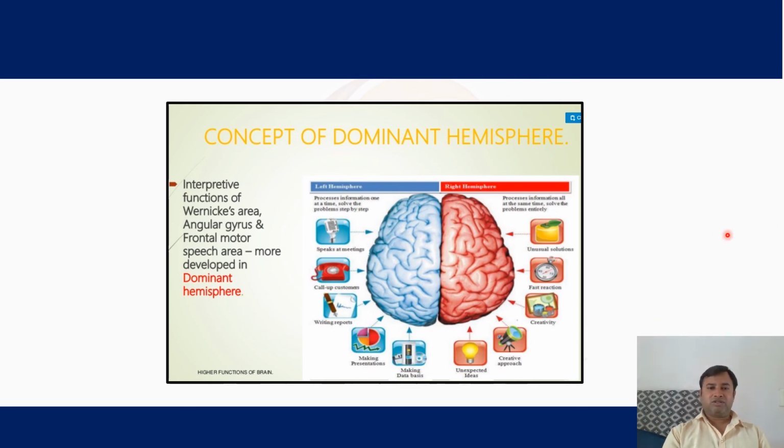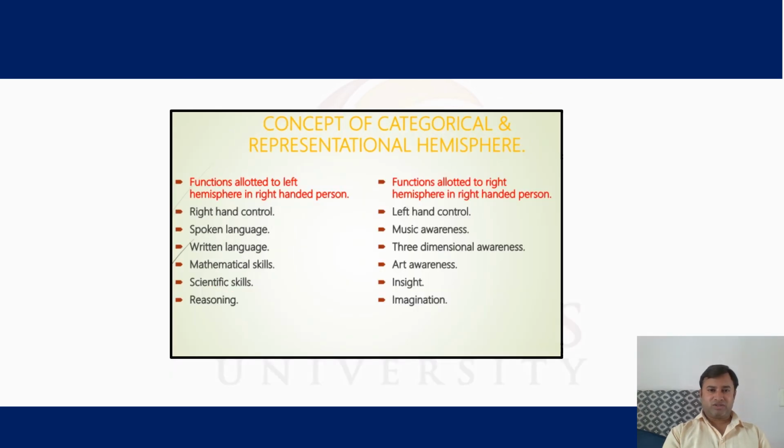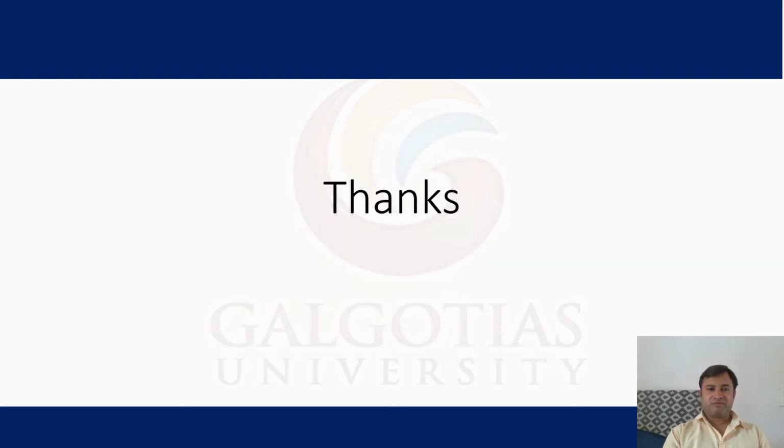So this is called the dominant left or right hemisphere. So the concept of categorical representation of the hemispheres means the function allotted to the left hemisphere in a right-handed person and this function allotted to the right hemisphere in a left-handed person. Thank you.